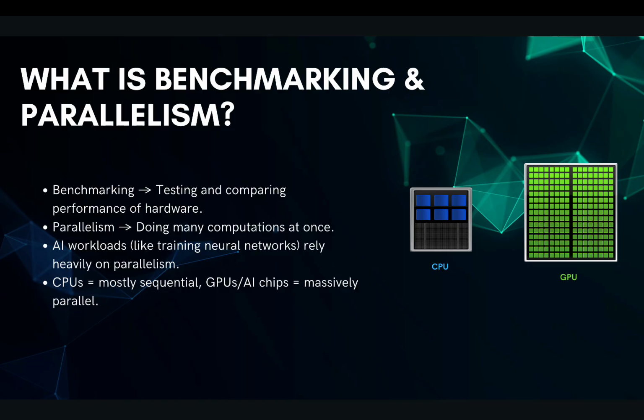This is especially important in artificial intelligence workloads, where training a neural network can involve billions of small calculations. Traditional CPUs process tasks mostly in sequence, while GPUs and AI accelerators are designed to run thousands of operations in parallel. That's why they are the backbone of modern AI systems.